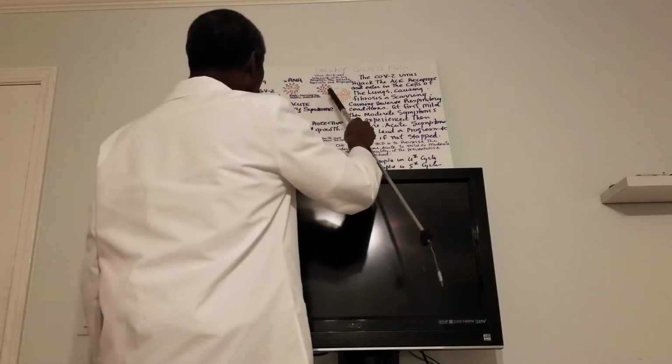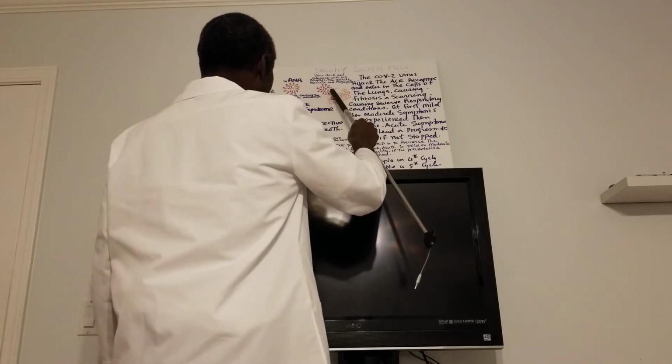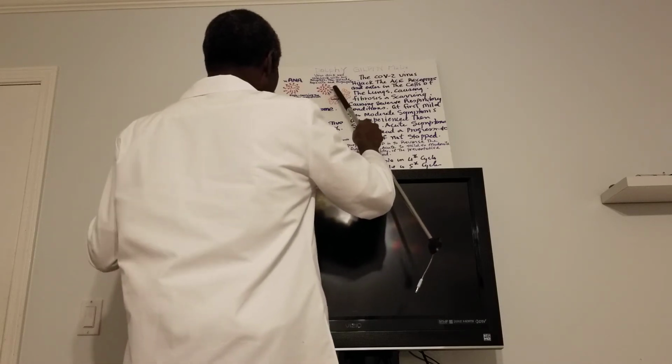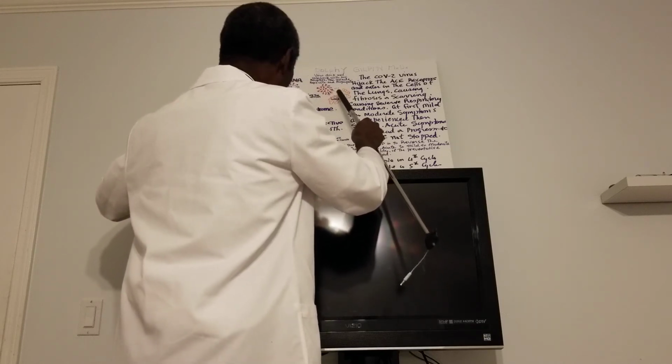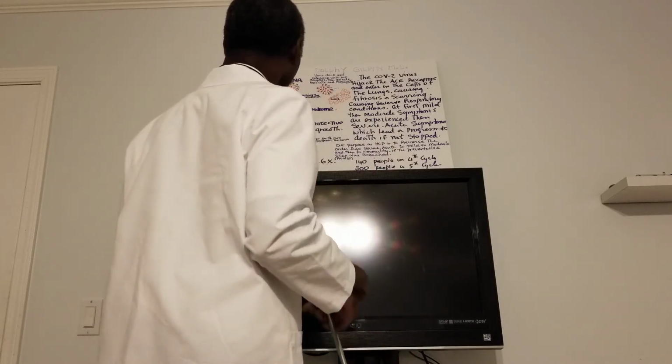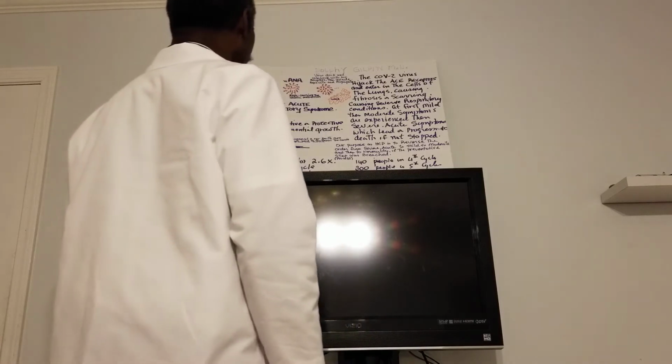And you notice I've drawn it like this groove, it fits directly into this groove, like it docks, and it interlocks, and then it invades, replicates, and propagates in the lungs and causes fibrosis or scarring.